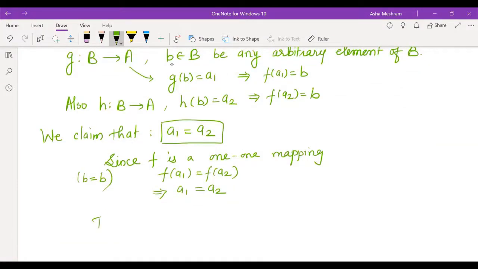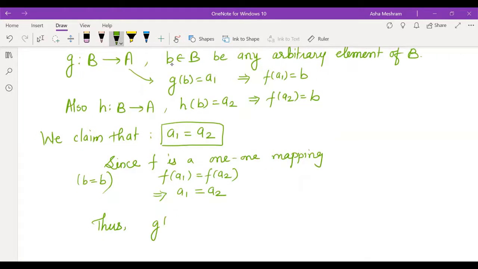So thus, G of b is equal to a1 and H of b is equal to a2, and a1 is equal to a2.